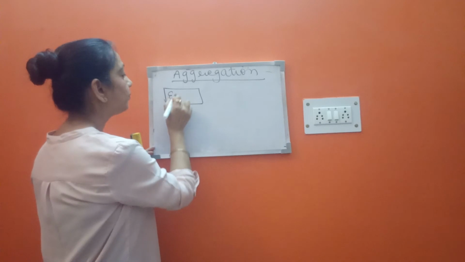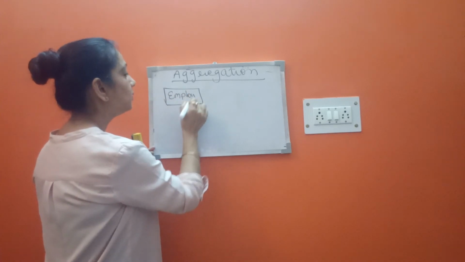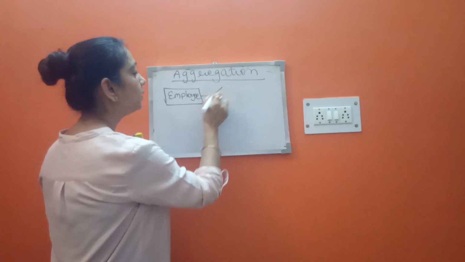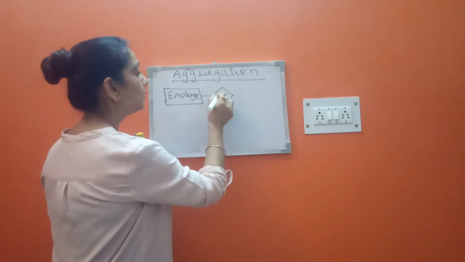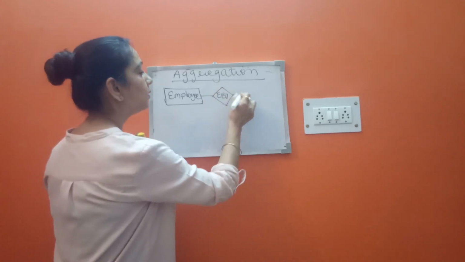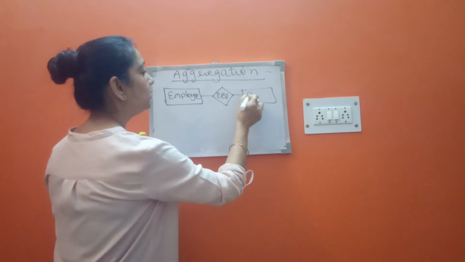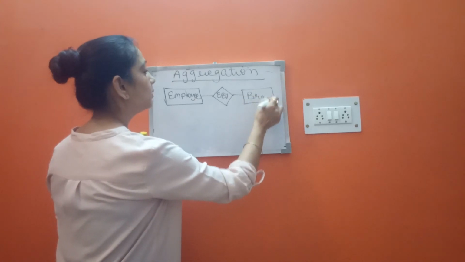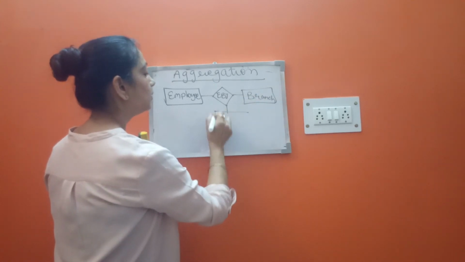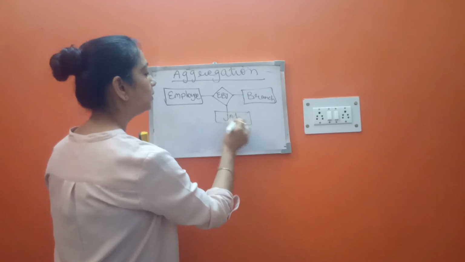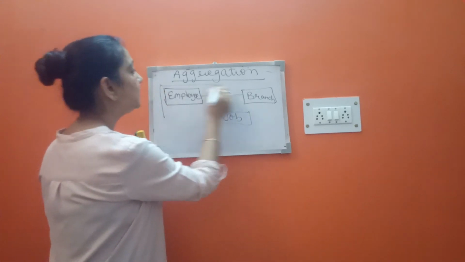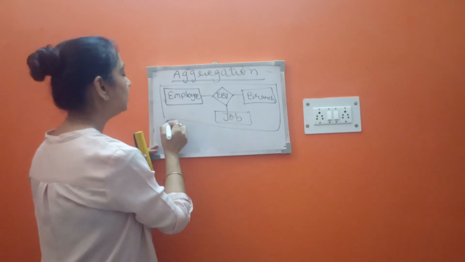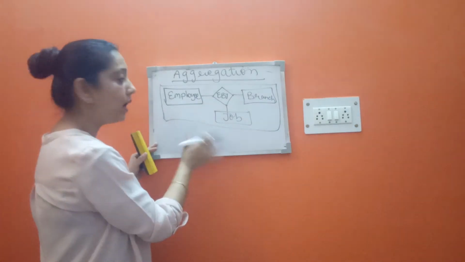Employee, branch, job. All these together is taken as one complete entity or a higher level entity.